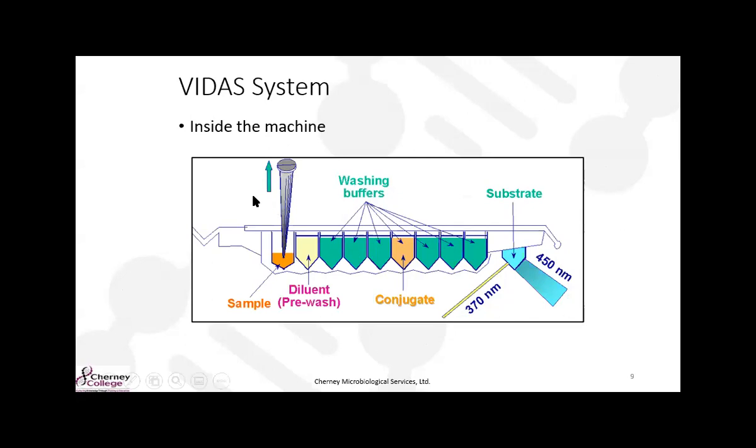So you can see when I talked about pulling that small aliquot, that aliquot of sample goes in this first well, and the spur is going to act like a large straw, and it's going to suck up the sample, and then it's going to be able to distribute it through this pre-wash diluent and these various washing buffers, the conjugate, and it moves the sample through these different wells until it finally gets to the substrate one where it's able to read the fluorescent output, and it'll generate that into either a presumptive or a negative result.